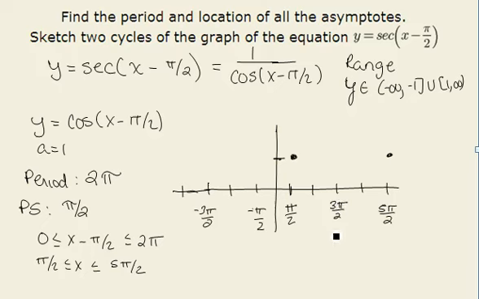Minimum value halfway between at 3 pi over 2, and then it hits its x-intercepts at pi and 2 pi. Sketching 1 cycle of the graph.